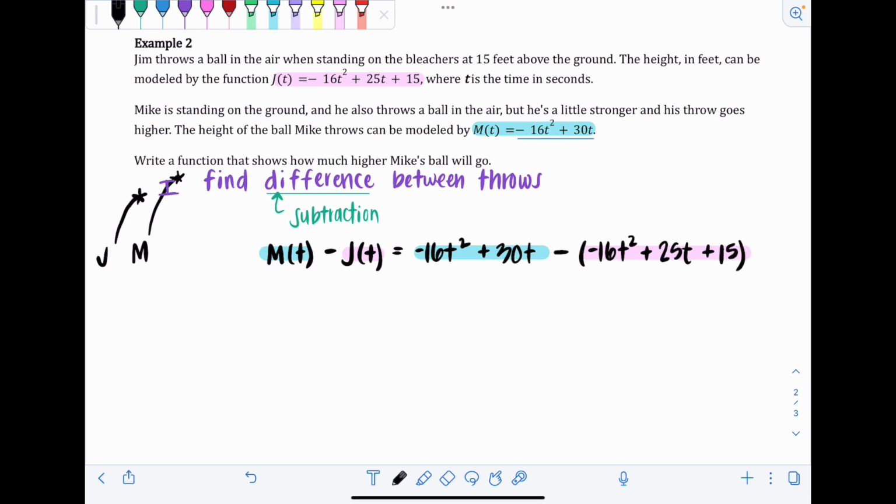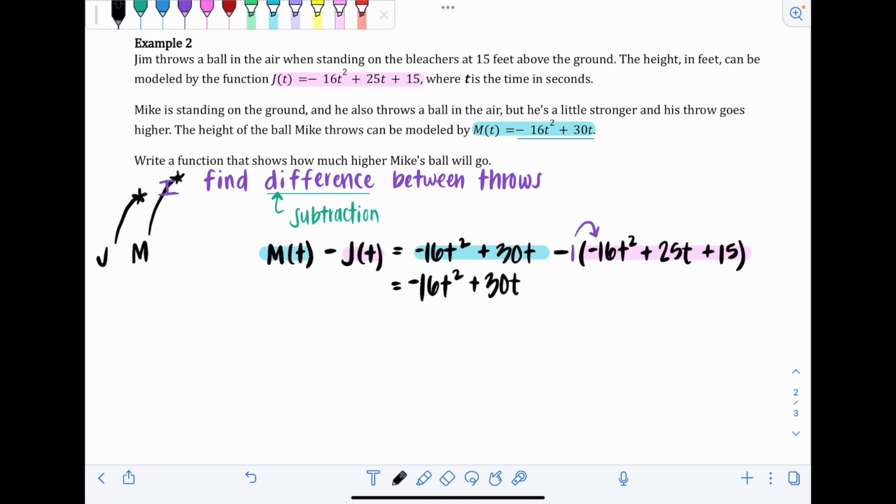And then it'll be the same as the other subtraction problem where we have to distribute that negative to the second parentheses. But first, everything in the first section of the problem before the minus, before the parentheses, is just going to come down. So we'll bring down negative 16t squared plus 30t. And then remember, this is like having a negative 1 out in front. So we're going to distribute that negative 1 to everything in that parentheses, and it's going to flip all the signs.